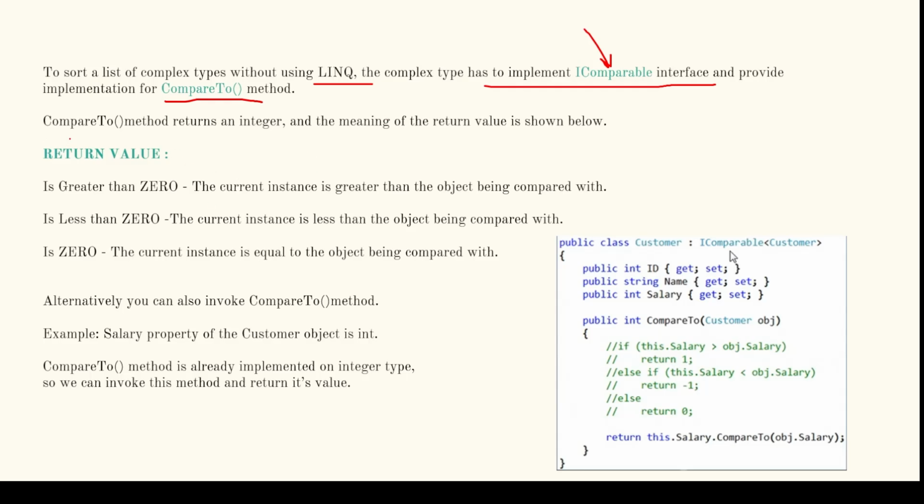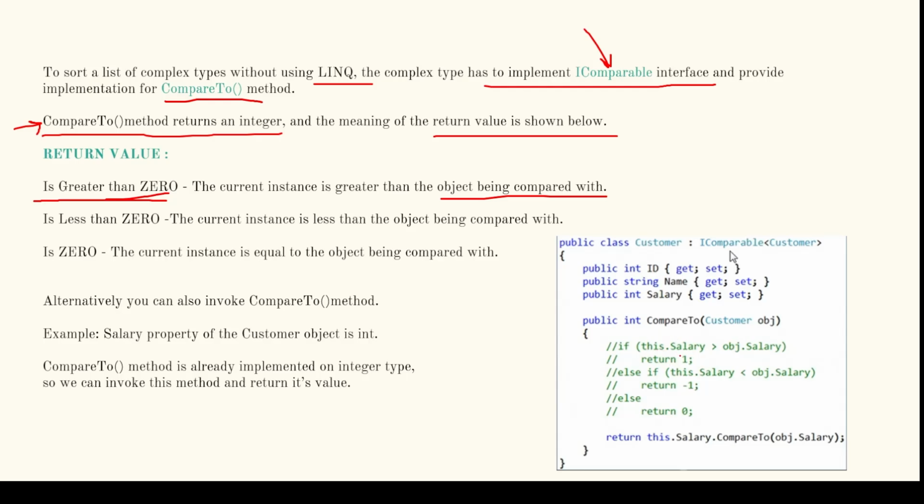The CompareTo method returns an integer and the meaning of the return value is shown below. If the integer returned is greater than 0, the current instance is greater than the object being compared to. If you see this screenshot, say we are comparing a customer object on the salary.